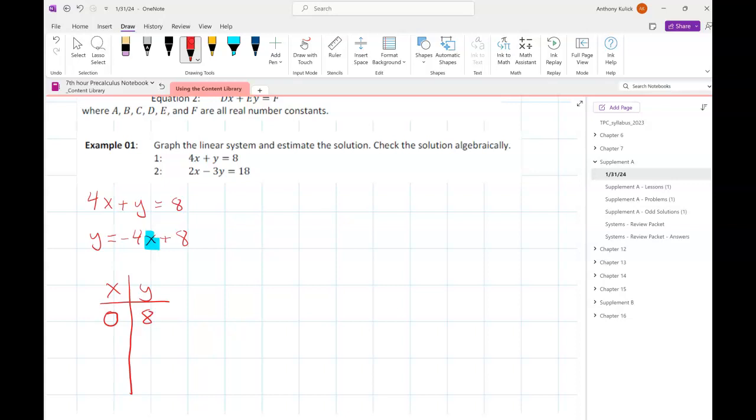Good. Let's pick another value for x. Maybe I'll pick 2 this time. What does y have to be then? Negative 8 plus 8 is 0.